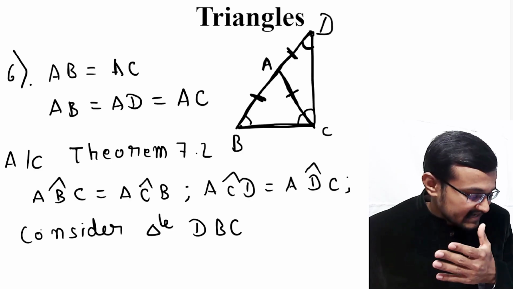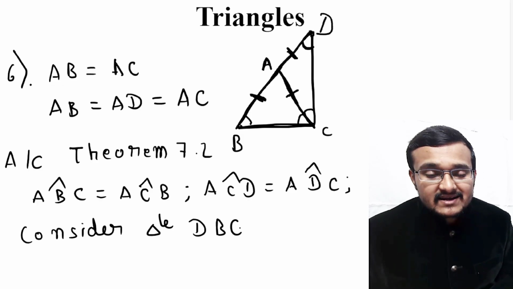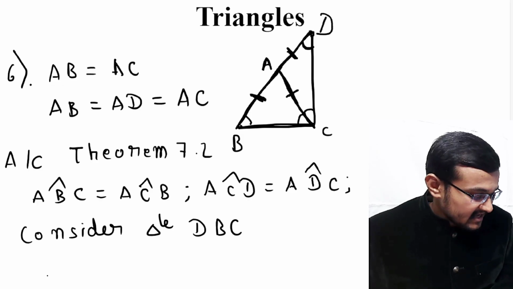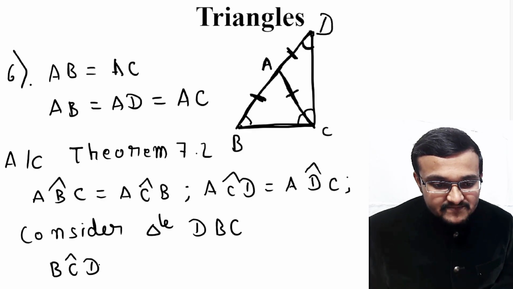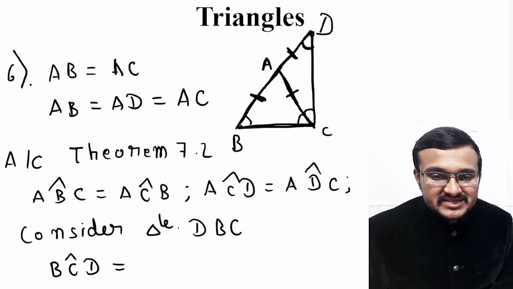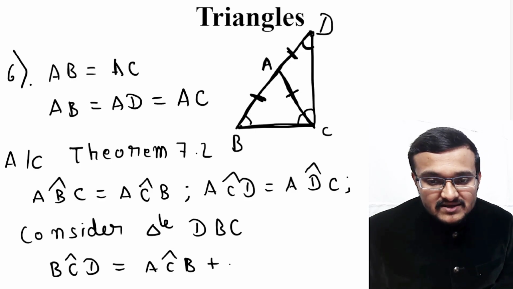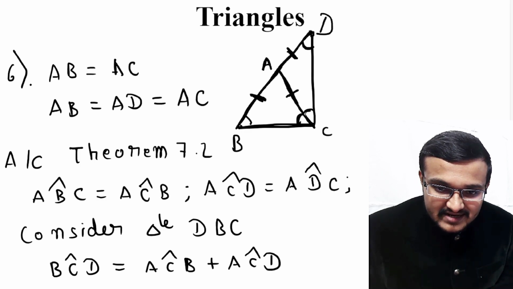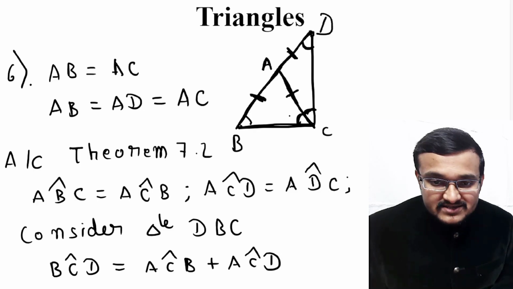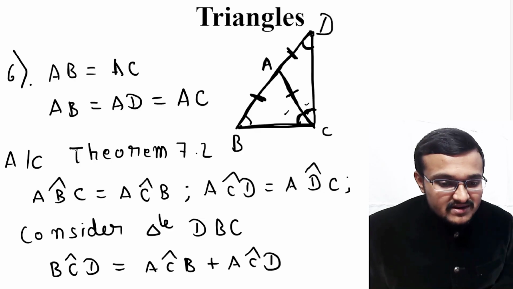So in this we have to consider the angle BCD. What is BCD? BCD is ACB plus ACD. Here you can see this particular angle is ACB and this particular angle is ACD. If you add these two angles, you will get the total angle BCD.